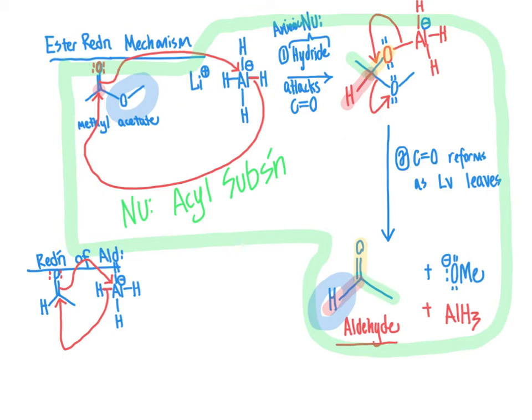It's the same sort of electron pushing arrows, where the hydride comes in and attacks the carbonyl as the electrons from the carbon-oxygen double bond come over and attack the aluminum. Same sort of thing occurring down here. So this is our first step of this mechanism of reducing the aldehyde: the hydride nucleophile attacks the carbonyl.